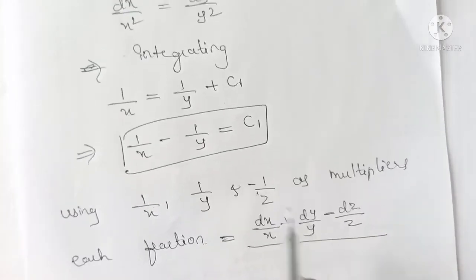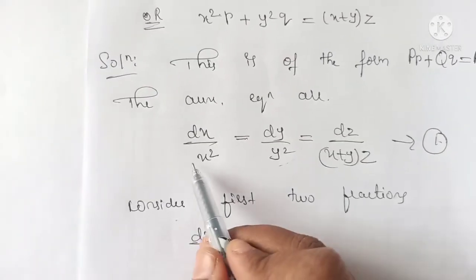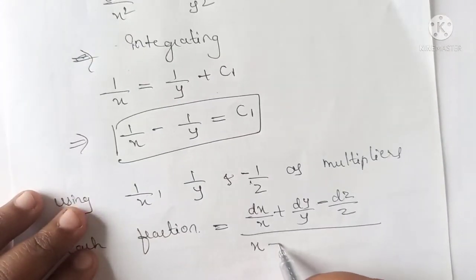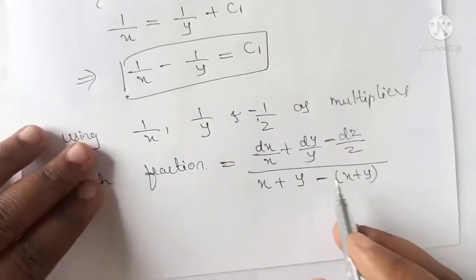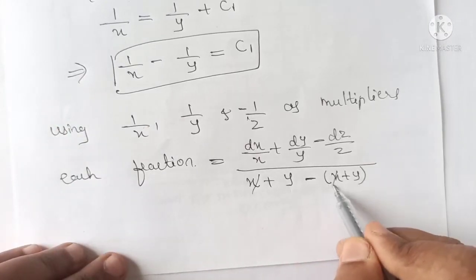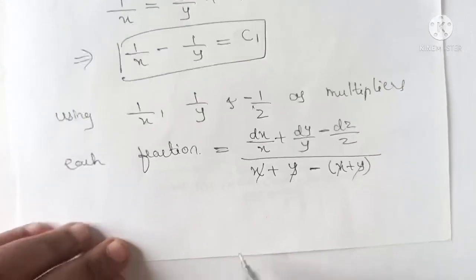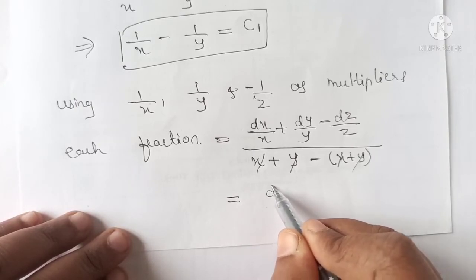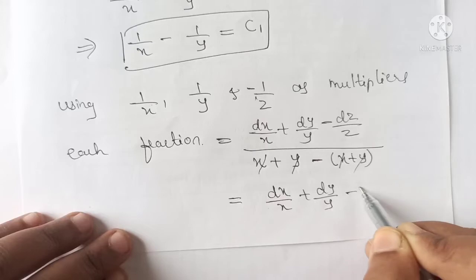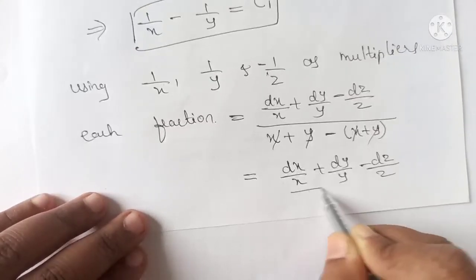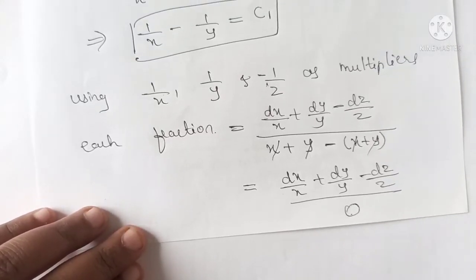In the denominator, one term of x cancels, we get x plus y. Here plus x minus x cancels, plus y minus y cancels, so that we get dx by x plus dy by y minus dz by z divided by 0.